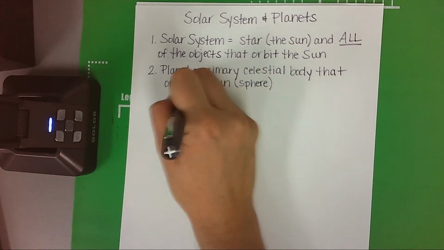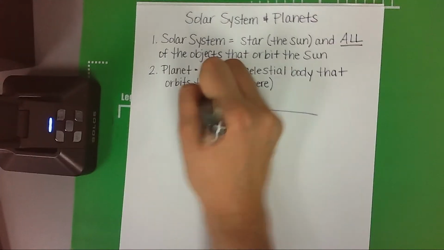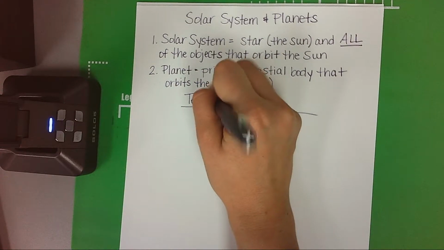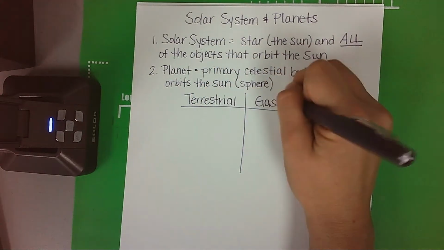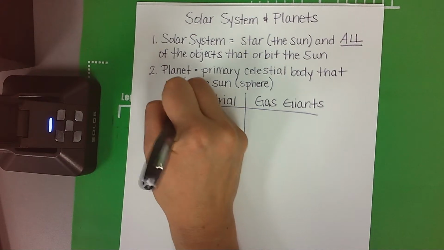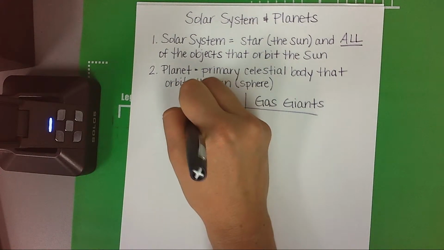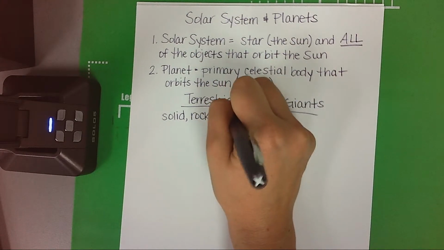Okay, so there are two different types of planets. There are terrestrial planets, and there are gas giants. Terrestrial planets are solid. They have rocky crusts, like the outer layer.